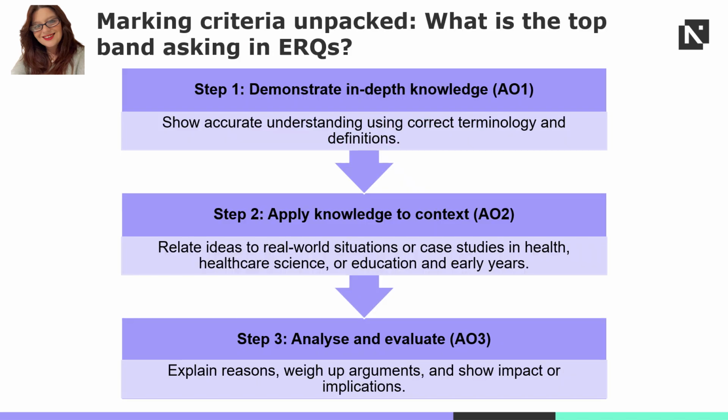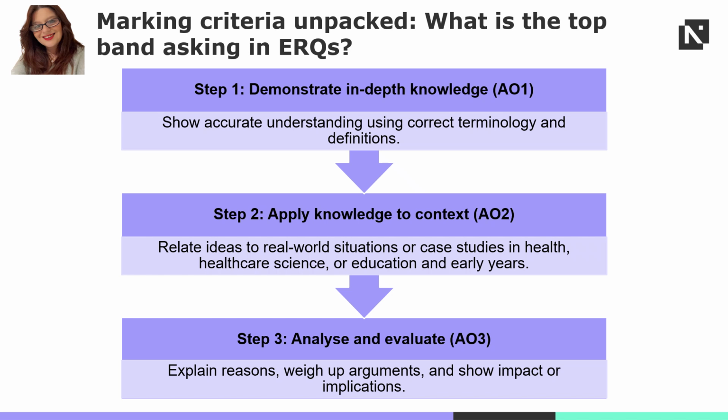This next slide breaks down what top band responses require for extended response questions. Firstly, students need to demonstrate in-depth knowledge at AO1 using accurate terminology and clear definitions. Next, they should apply that knowledge to context for AO2, so linking their ideas to real-world examples or relevant case studies.